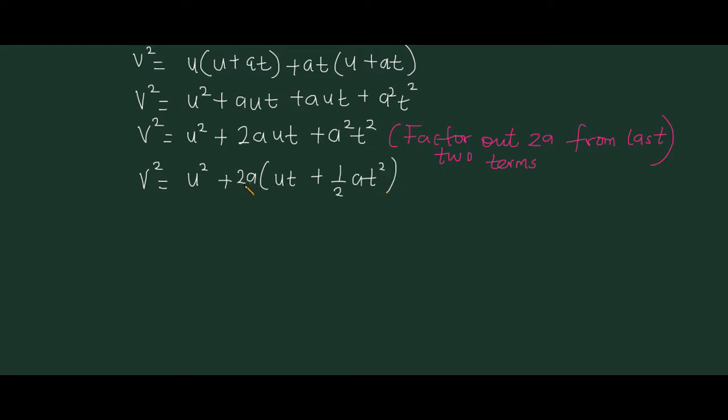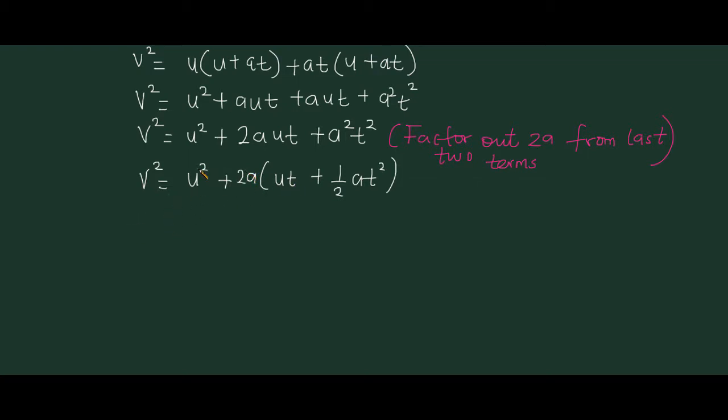If you multiply this to remove the bracket, this will be 2aut, and 2 will cancel out this 2, and we'll be having a left, and a multiplied by a will give us a squared. So the HCF of these two terms is 2a, and we've done that correctly.